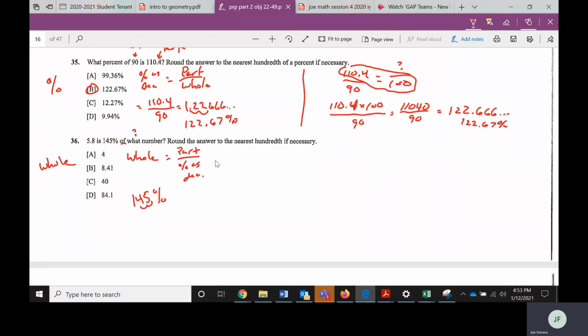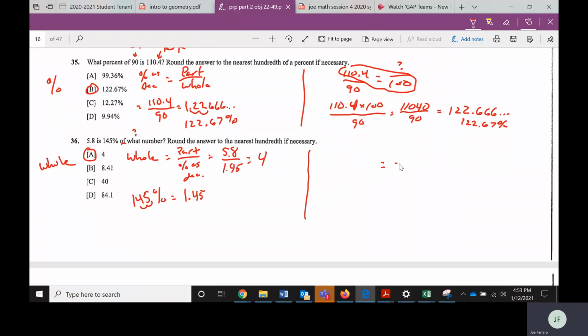Because the percent's over 100, our decimal is over 1. So 145% is the same as 1.45. So here we take the part, which is 5.8. The percent as a decimal is 1.45. We divide that, we get exactly 4, which is the whole. Now here your part is bigger than your whole, but that makes sense because the percent is over 100. So it's like getting extra credit.